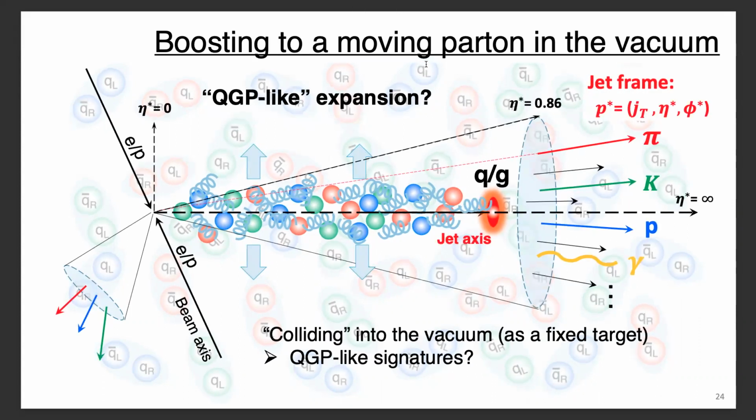To realize this experimentally, we know that in proton-proton collisions or e+e- collisions, you produce a back-to-back quark and antiquark. But at a very high energy limit, they are quickly stretched out and form a QCD string.